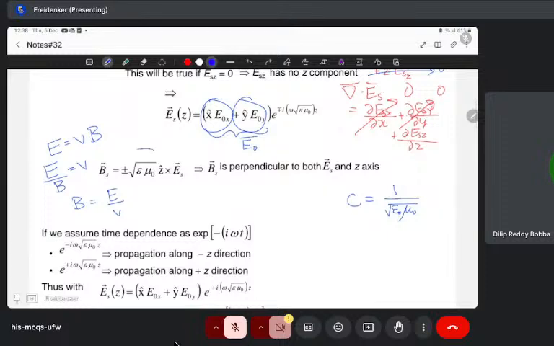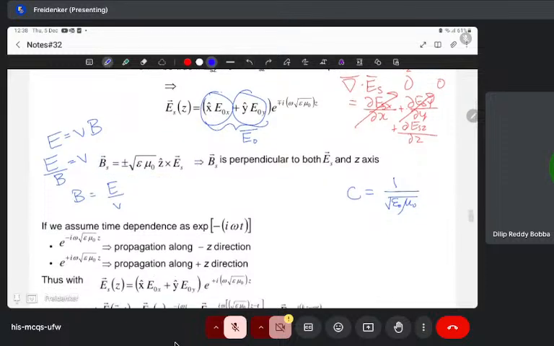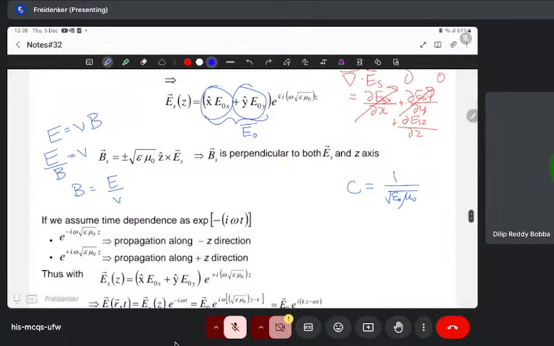Fine, you can think about this if you want to. Okay, fine. Let me just spend 1 minute. How do I write BS if I know ES? I know how ES looks like. So it is going in the z direction.